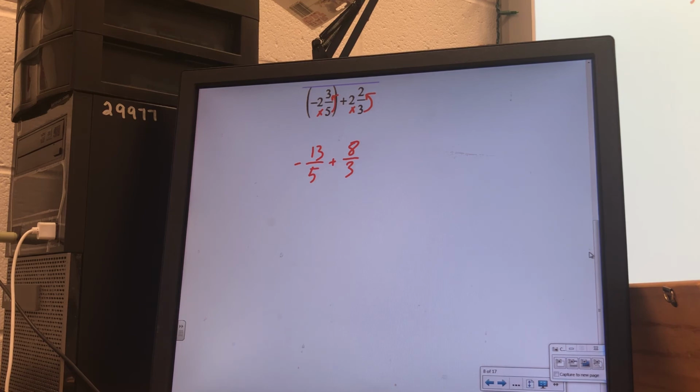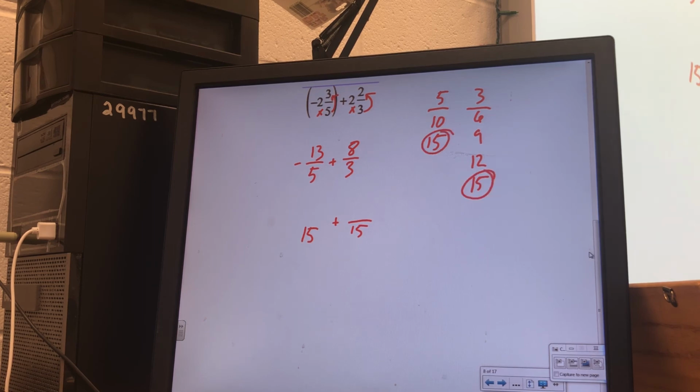Our second step for success, we need to identify if we have a common denominator. In this case, we do not. So our least common multiple in this problem will be 15. How did Mr. Griffin get that? Well, our multiples of 5 are 5, of course, 10, and 15. And our multiples of 3 are 6, 9, 12, 15.